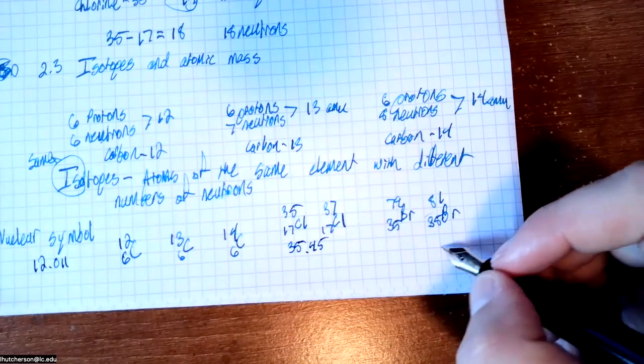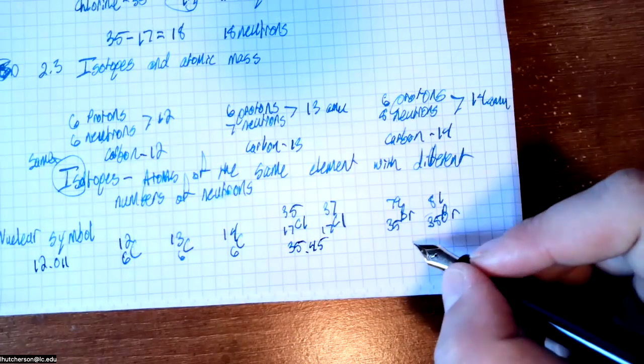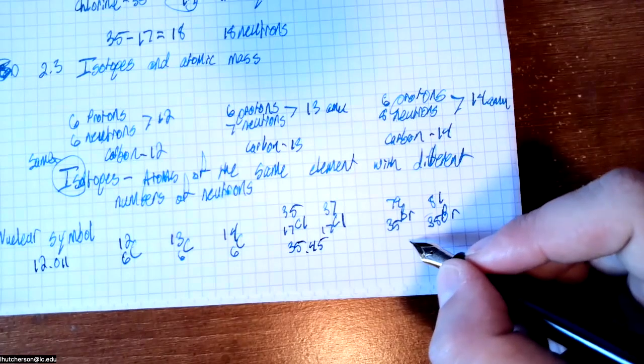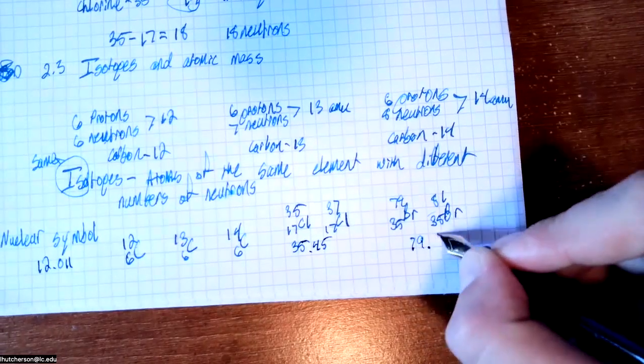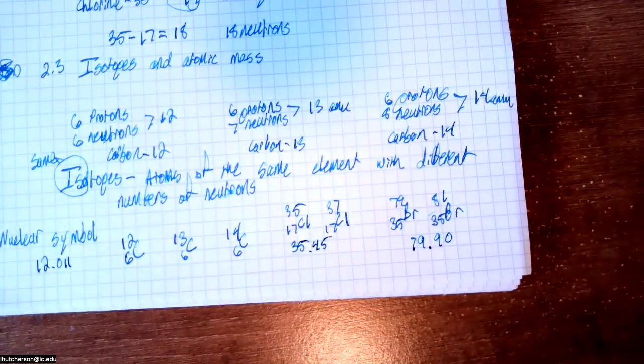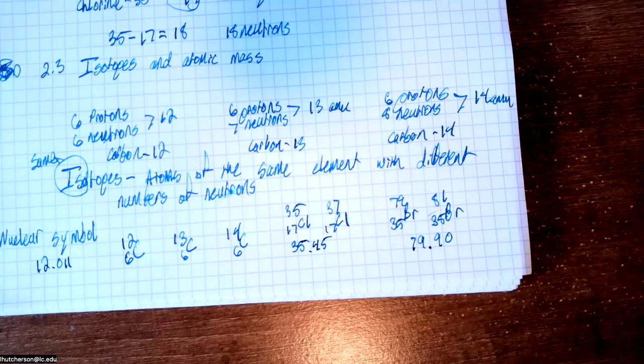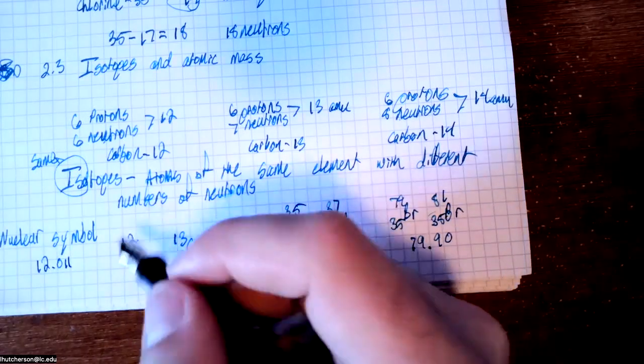And for bromine, it was 79.90. I mentioned that we can't necessarily use that directly to find our mass number for a given atom.